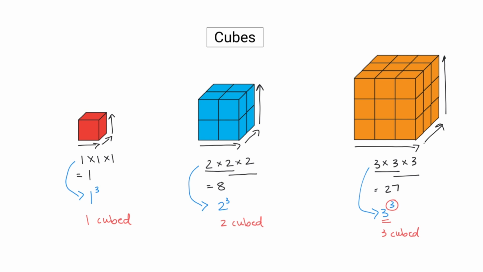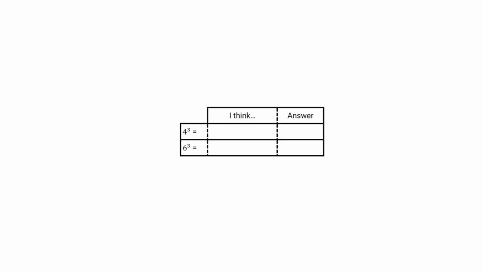Let's look at a few more examples. If we look at these two in front of us, this first one we would read as 4 to the power of 3 or 6 to the power of 3. But the more common way of reading these would be 4 cubed and 6 cubed. So that's what we're going to say here.